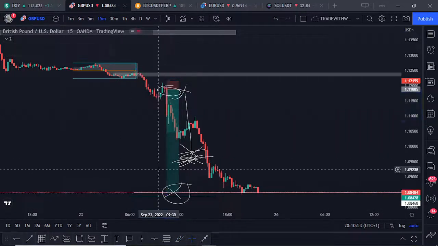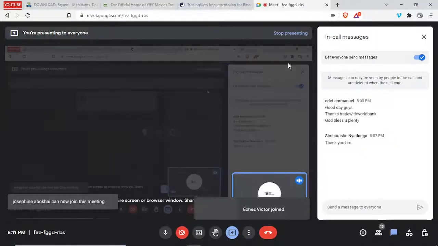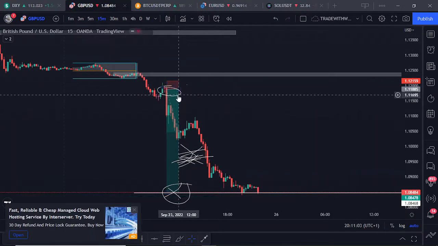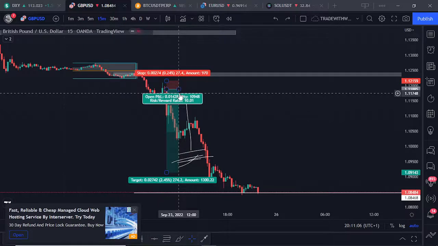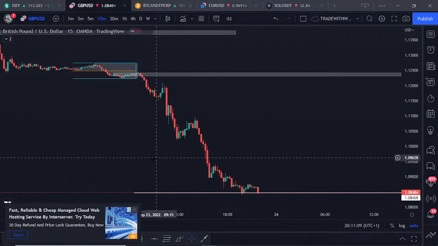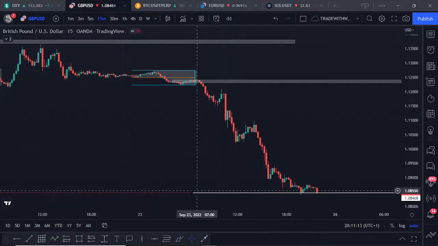So trade management is very, very important. That is one way to manage your trades. Some people always love to trail stops. They like to hold. That's what I always do sometimes, because my risk to reward is always very wide.